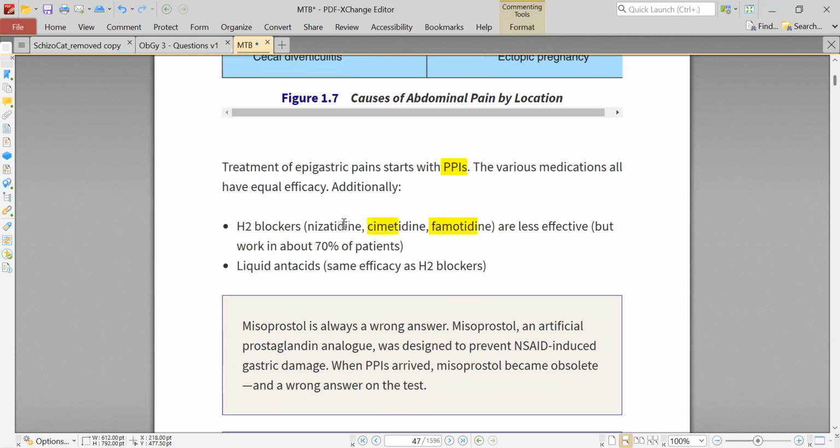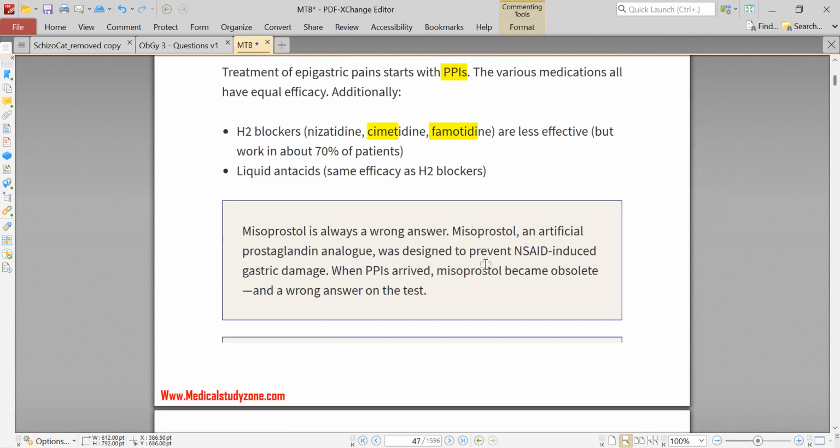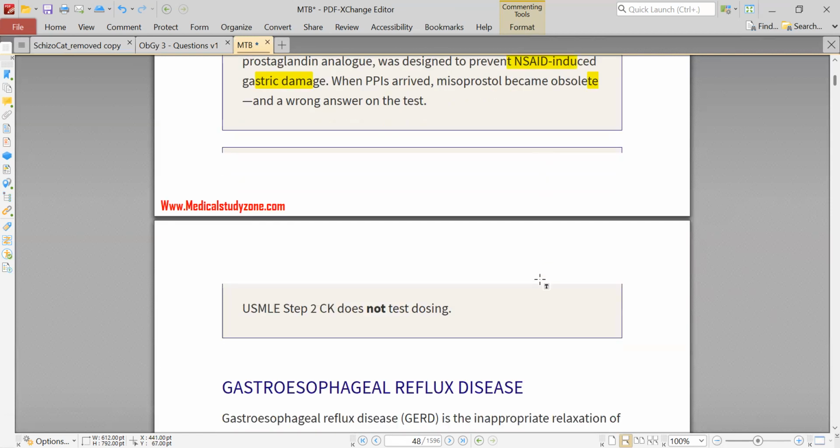Misoprostol is always the wrong answer. Misoprostol is an artificial prostaglandin analog, developed to prevent NSAID-induced gastric damage. When proton pump inhibitors arrived, misoprostol became obsolete and the wrong answer. The exam does not test the dosing.